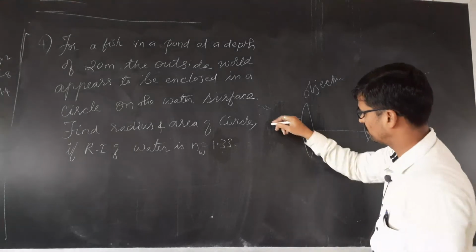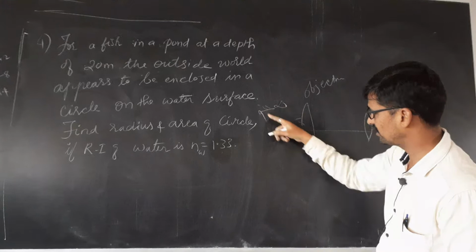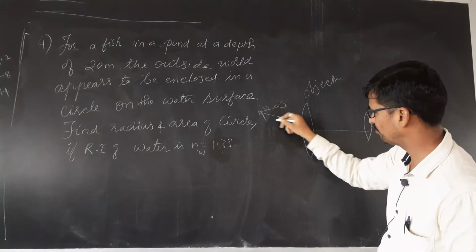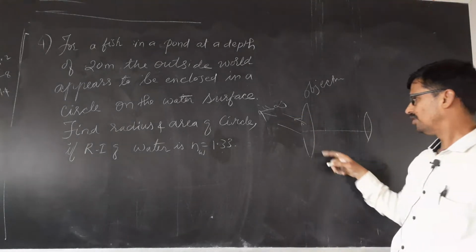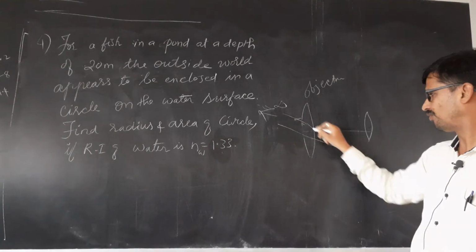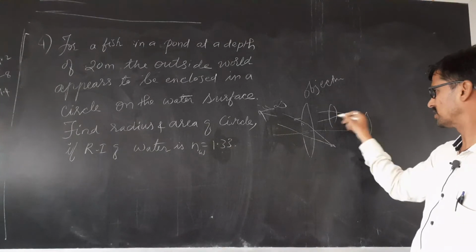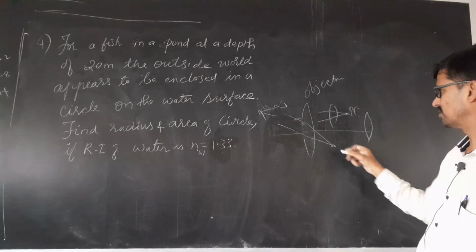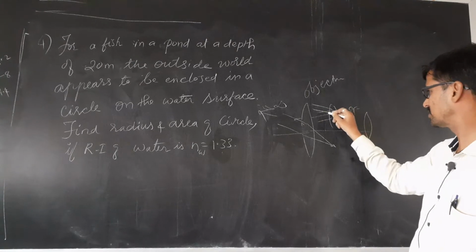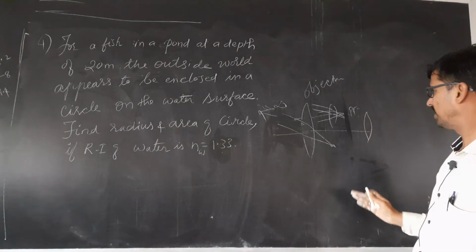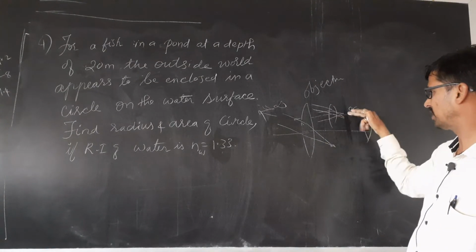If the object is at infinite distance, after traveling infinite distance, it will become a parallel beam. Whenever a parallel beam is there, it will focus exactly at the focal plane. If it is parallel to the principal axis, this is called principal focus. If parallel to themselves but not parallel to the principal axis, they will still focus in the same plane. This plane is called the focal plane, which contains the principal focus and is perpendicular to the principal axis.